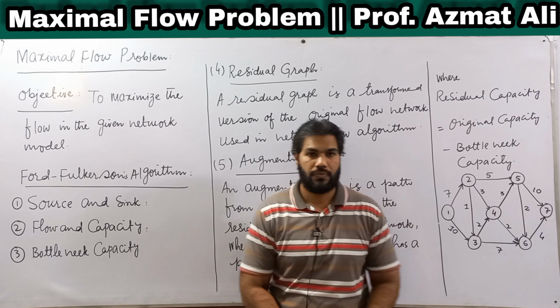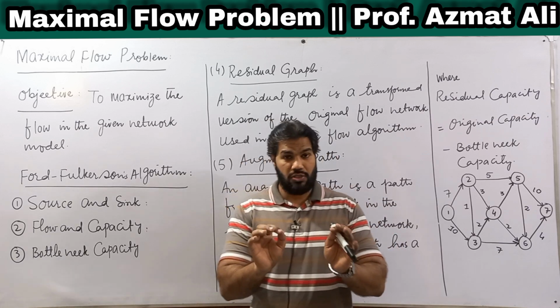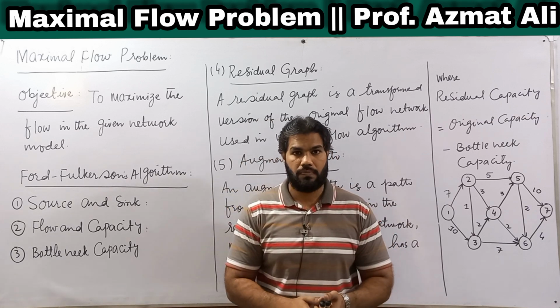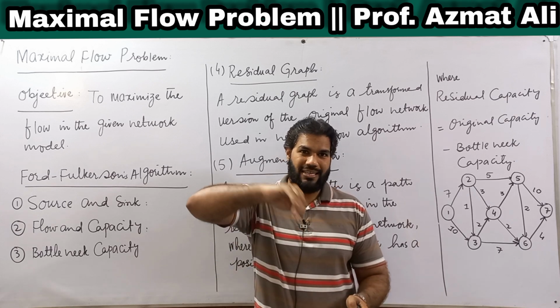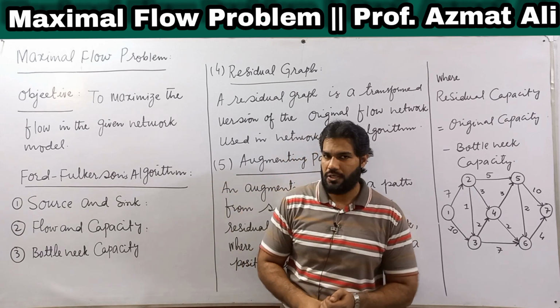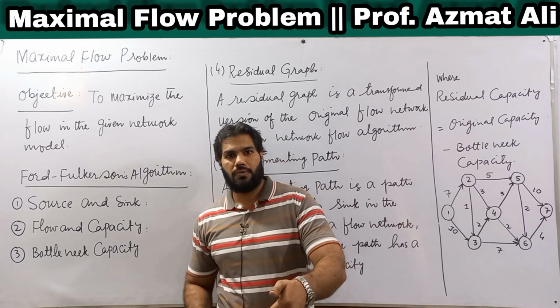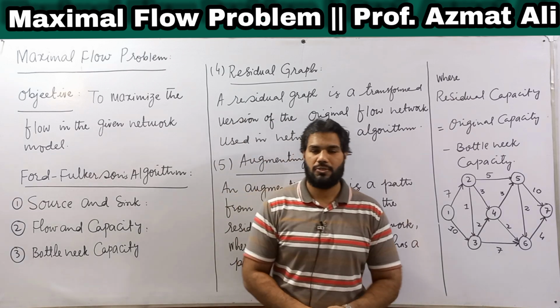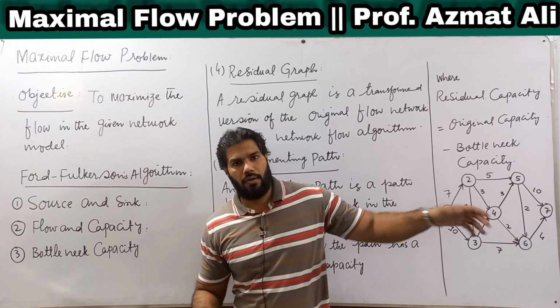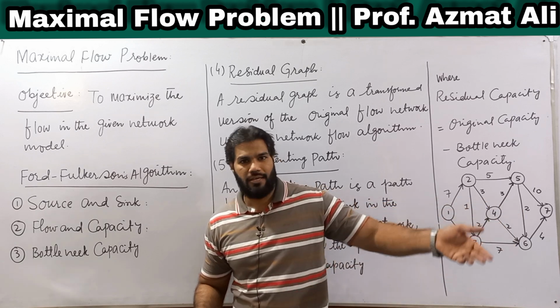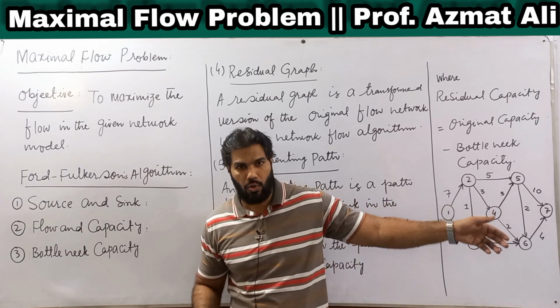What is capacity? Capacity is actually the maximum amount of flow that can pass through an edge. For example, often you see a bridge. Let's consider a bridge. You see a number of vehicles at any time passing over the bridge.